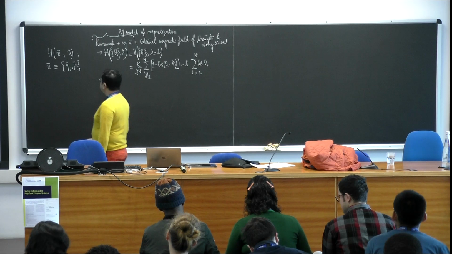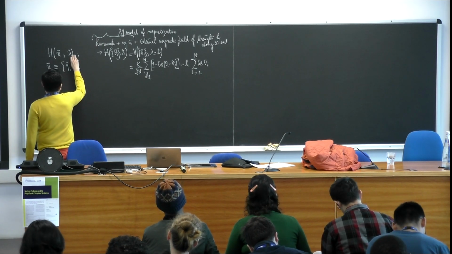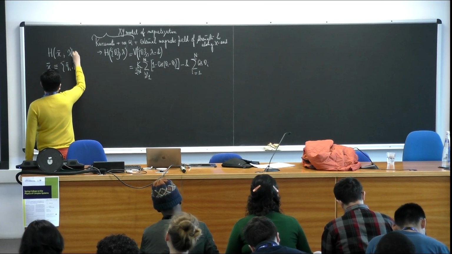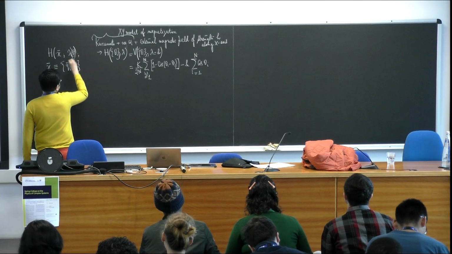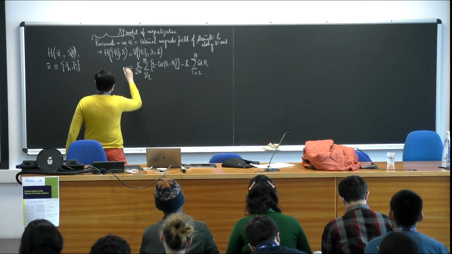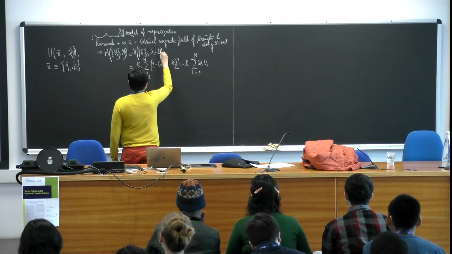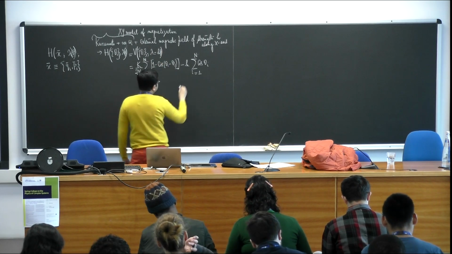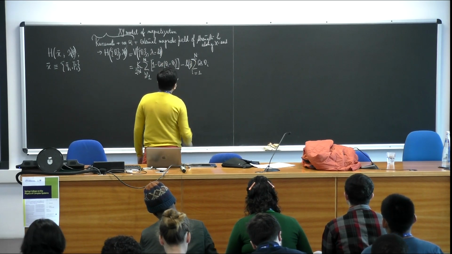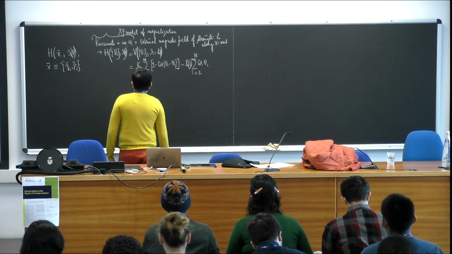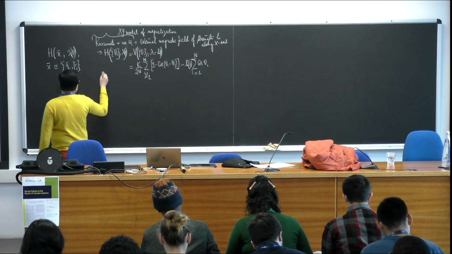And what we want to do is change this parameter lambda as a function of time. So in this setting, for example, this could be a function of time. This is just an example.